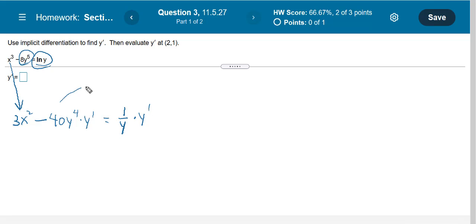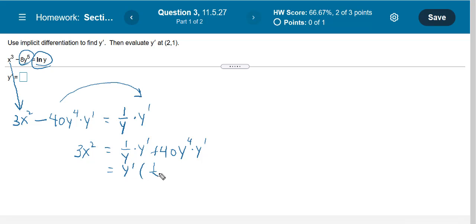As with the previous problem, we need all the y primes together on one side. We'll factor the y prime and divide both sides by the stuff next to the y prime.